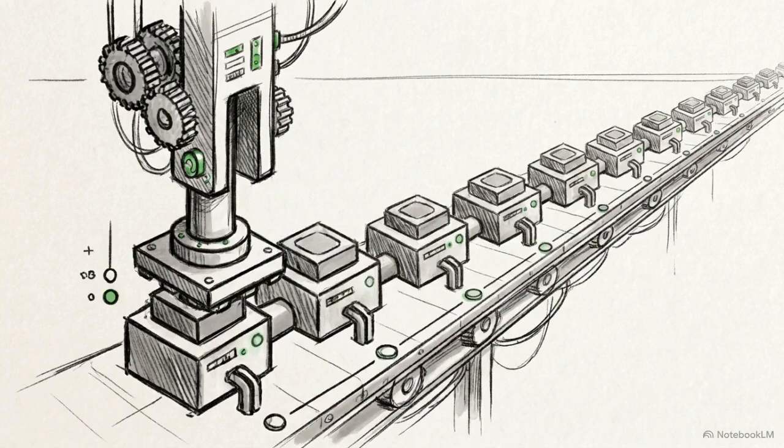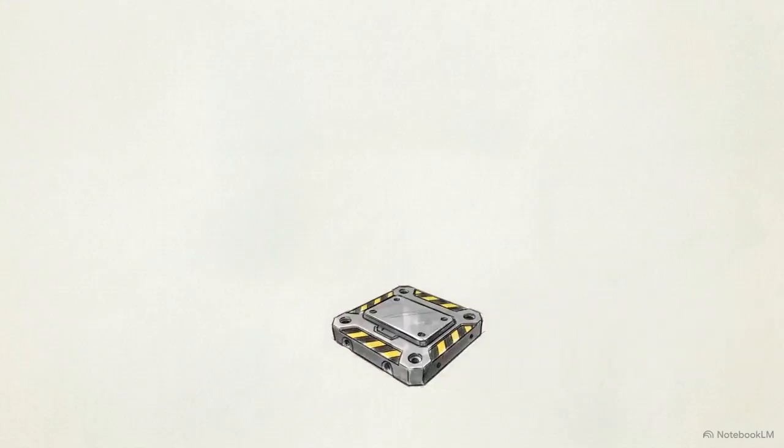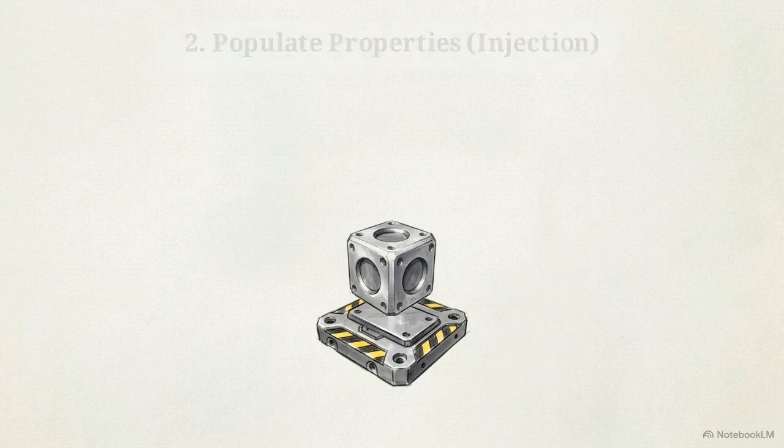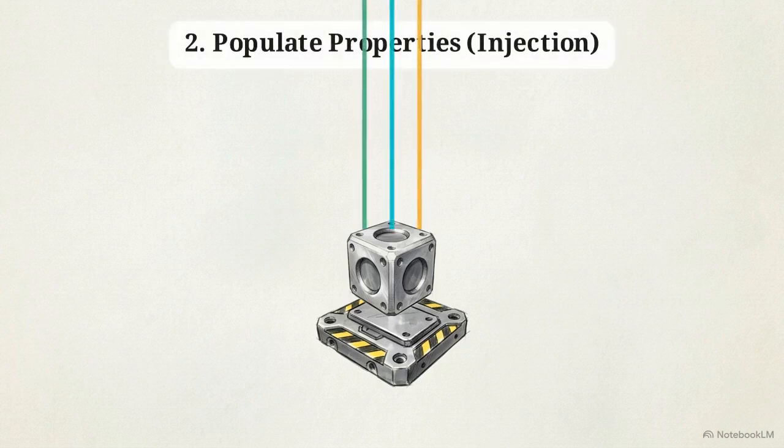After the blueprints are finalized, the container enters phase 2, active bean instantiation. Here, the metadata is processed through an 8-step refinement pipeline. Step 1 is instantiation. The container uses reflection or CGLIB bytecode generation to allocate a raw heap memory snapshot for the object. In Step 2, Spring populates properties.